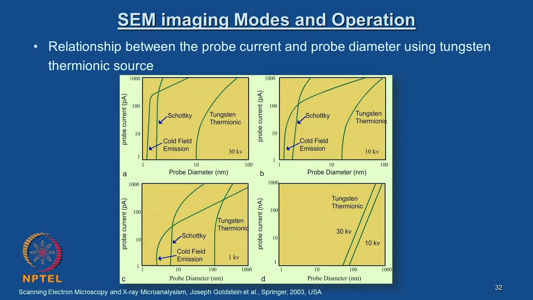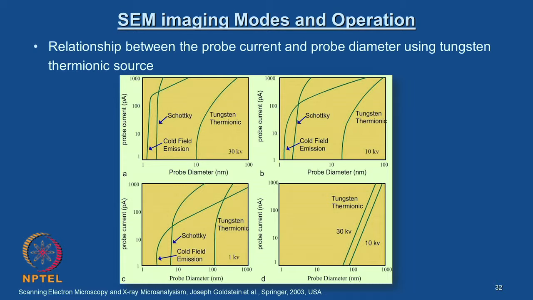Now, we will look at the plots showing the relationship between the probe current and the probe diameter using a tungsten thermionic source. You see, in the beginning we just looked at all the electron gun sources. I just mentioned there are two types, one is the thermionic source, another is the field emission source.